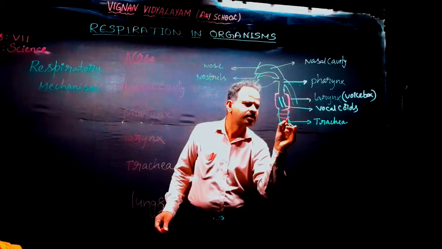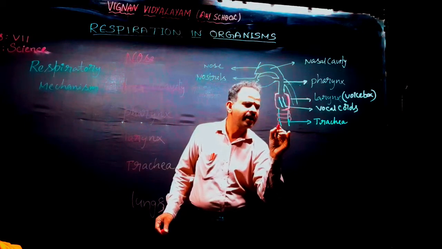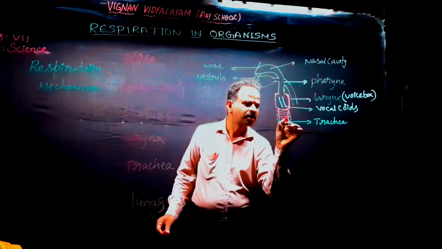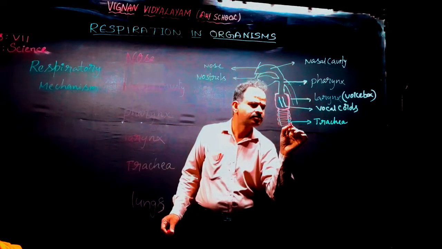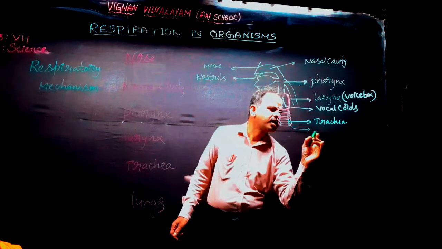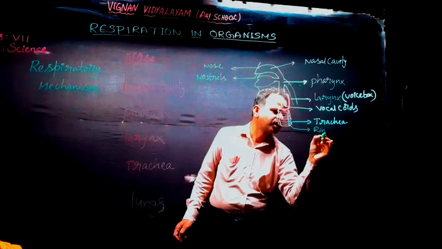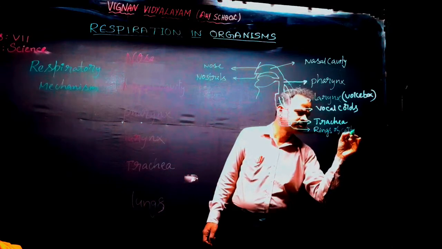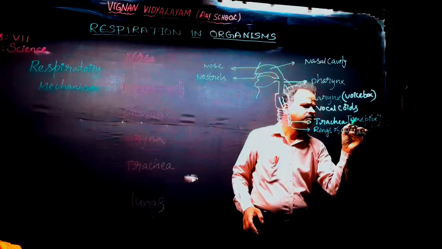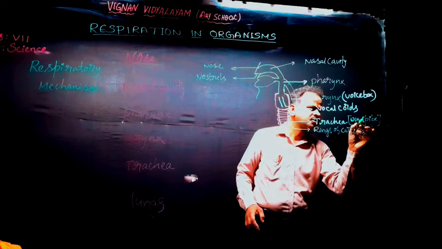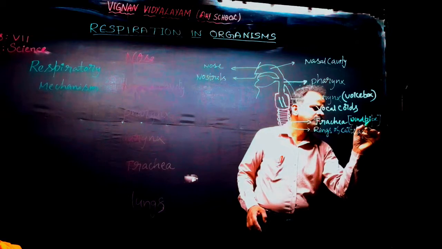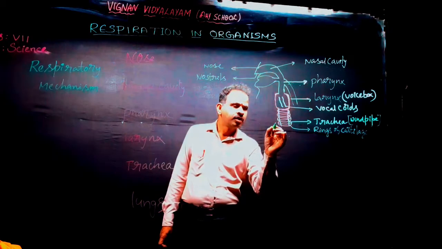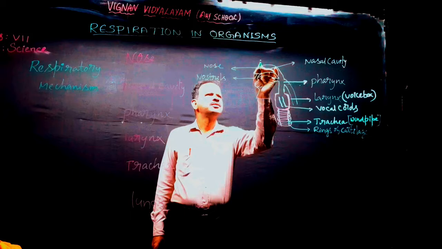These ring-like structures, children, are rings of cartilage. This is called windpipe.